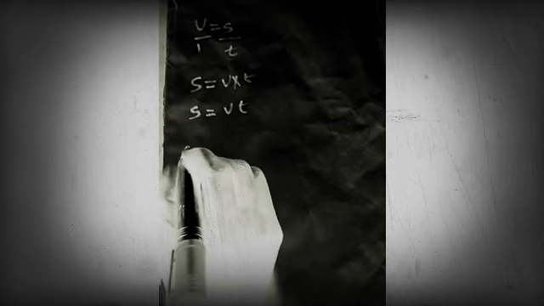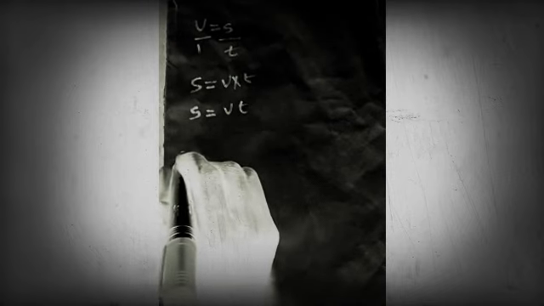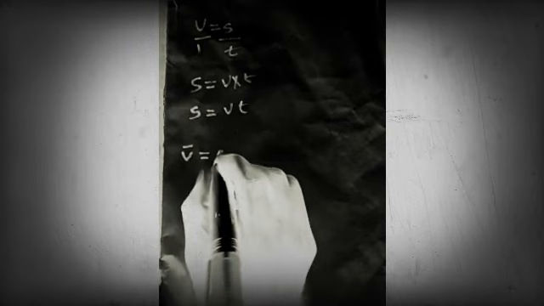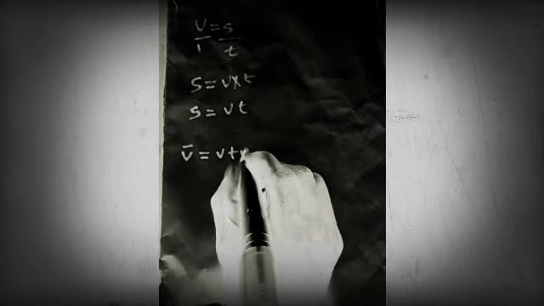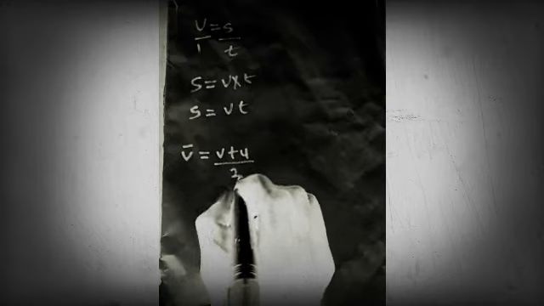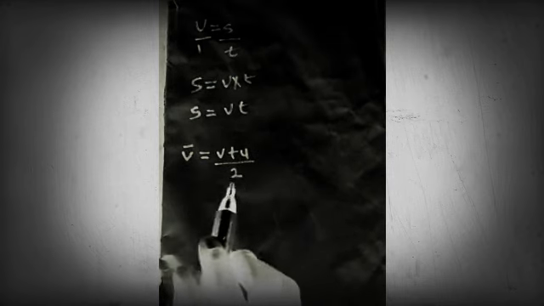But remember from your knowledge in physics that average velocity is equal to final velocity, which is V, plus initial velocity, which is U, all over 2. When we're talking of average, we mean the addition of two things divided by their total number. That's what we mean by average.